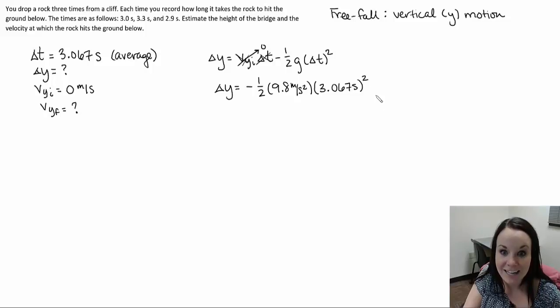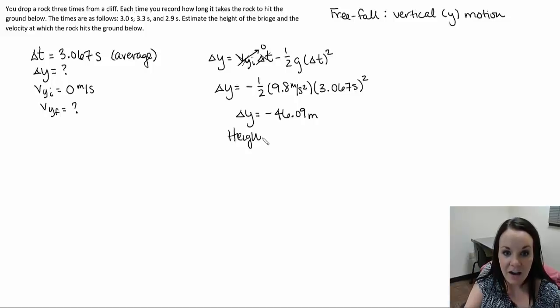And don't forget the square, that's really important. When I plug this all into my calculator, I get a height or a displacement of minus 46.09 meters, which tells me that my cliff has a height of about 46 meters. And that's answering the first part of the question.